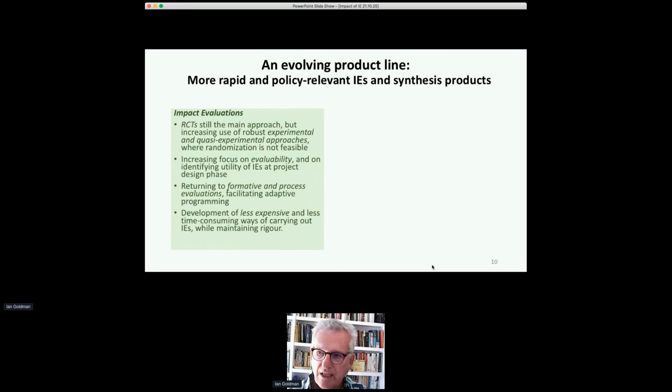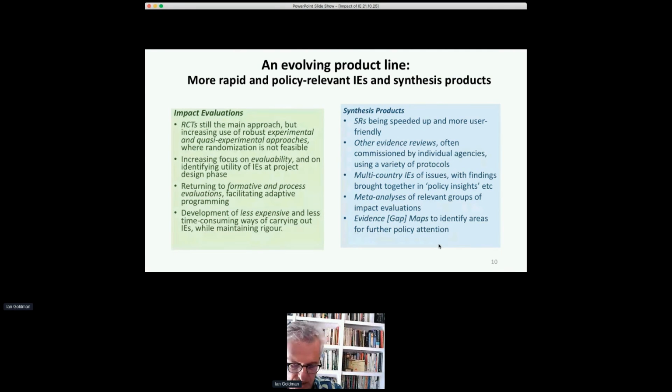We're still seeing RCTs being the main approach, an increased focus on evaluability, but also a return to the use of formative and process evaluations, which certainly in my view are at least as important as impact evaluations, and the development of less expensive and quicker methods while seeking to keep the rigor.